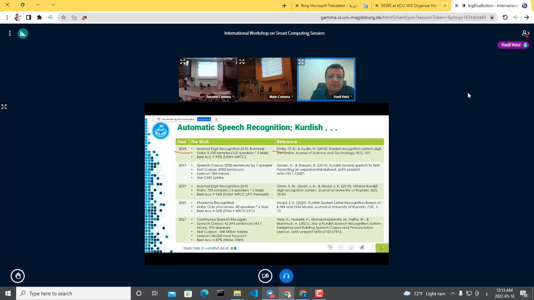Among them, the Dinler work, which aims at recognizing only 10 digits of Kurmanji, and they collected 5,100 samples for only digit recognition.